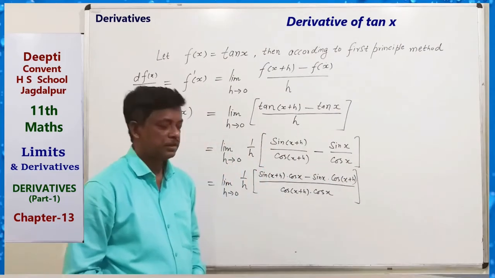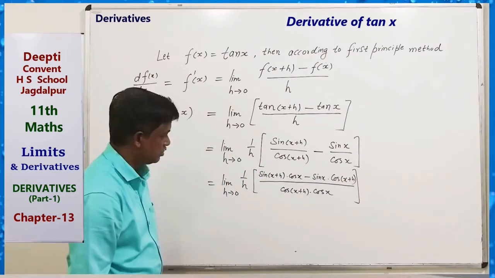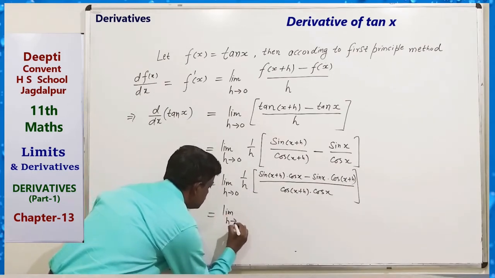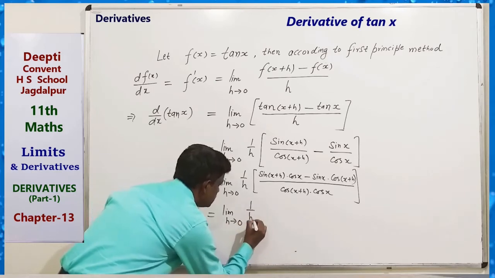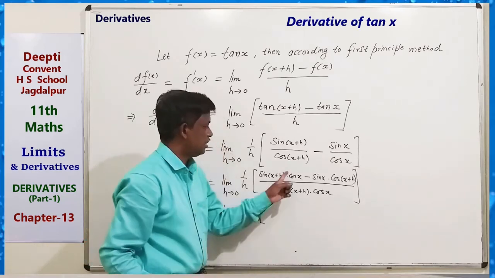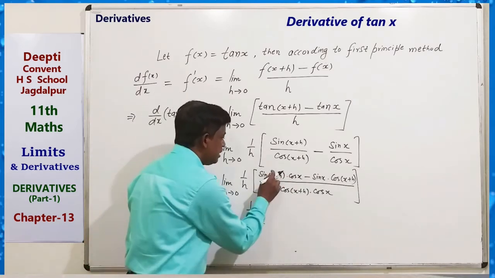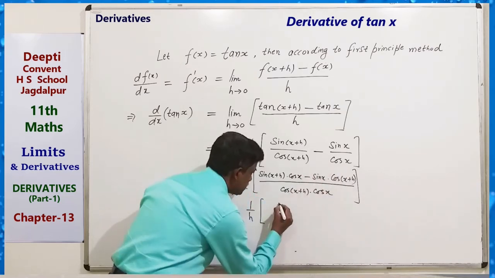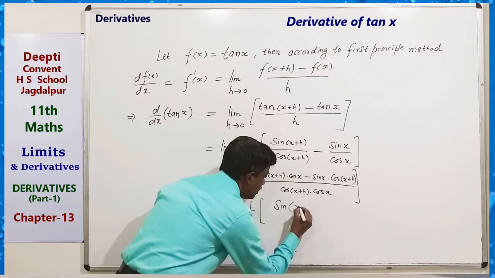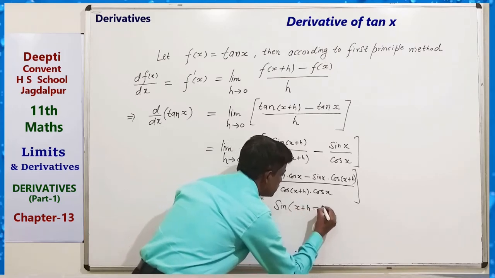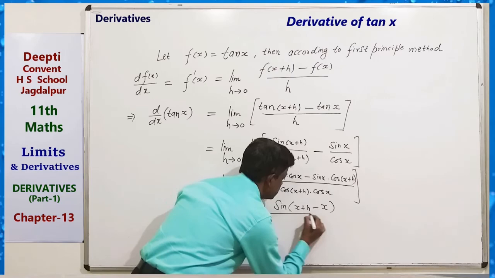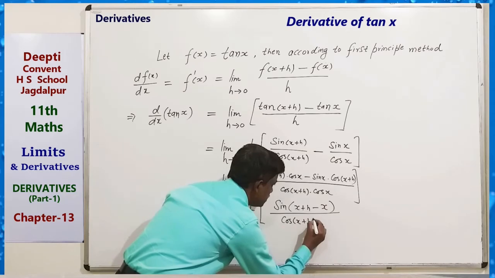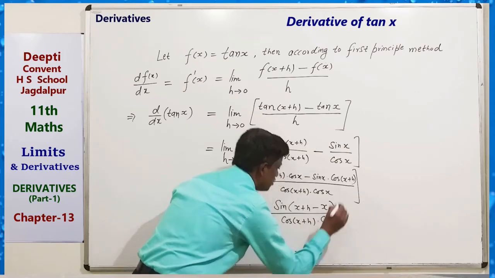So limit h tending to 0, 1 by h, we can write it as sin a cos b minus cos a sin b, that is sin(a minus b), upon cos(x plus h) into cos x.